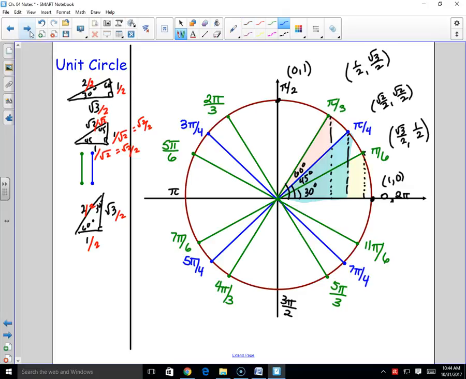Every single time you see a coordinate, the sine of the value is going to be the y. And look, cosine, isn't that adjacent over hypotenuse? Root 3 over 2. That's the same thing as the horizontal measure, or the x. There's cosine of pi over 6.